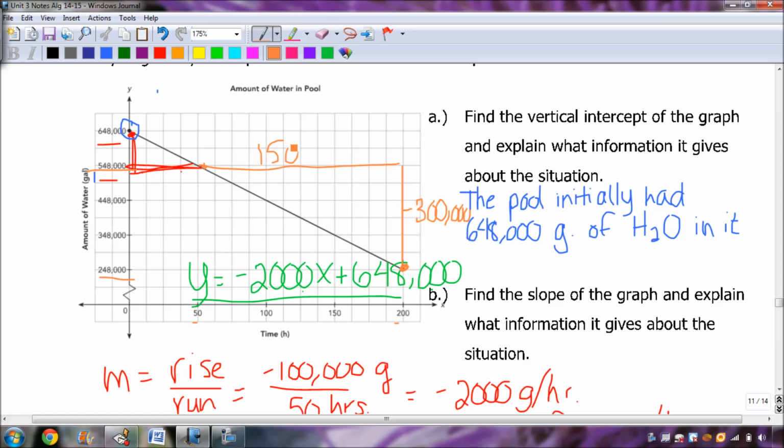So if I were to do the slope here, I would get negative 300,000 gallons over 150 hours, which still divides out to give you negative 2,000 gallons per hour. So I just want to make sure you guys still understand that the slope is always the same. It's constant. That's what's required in order for a function or an equation or a graph or any type of linear situation to be linear. Okay?